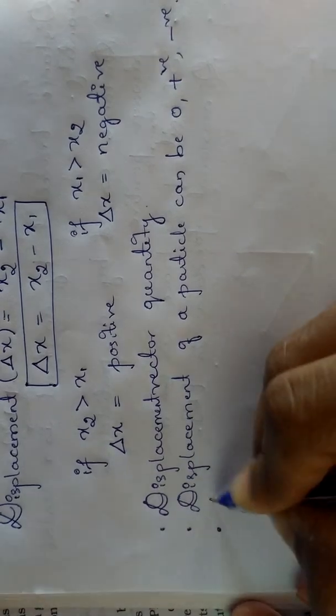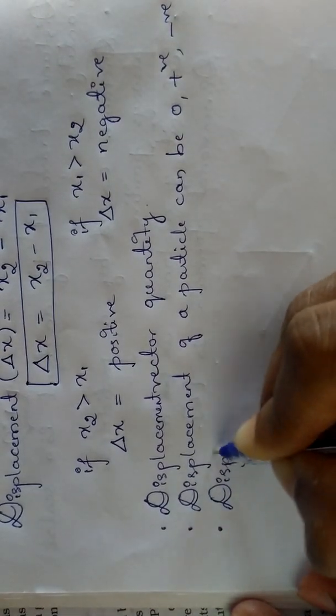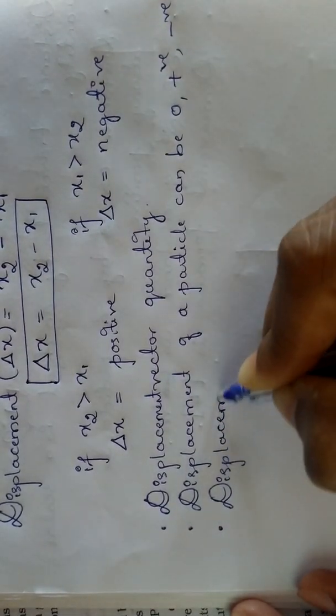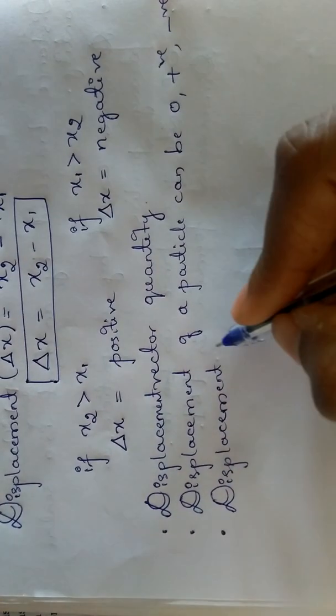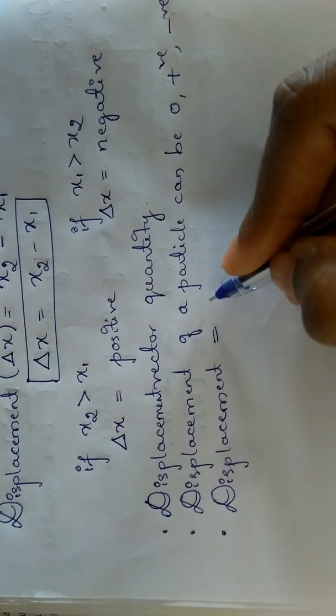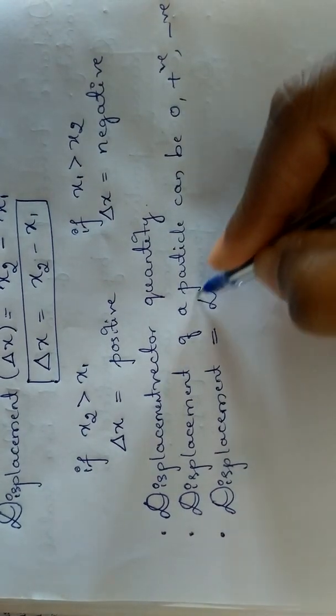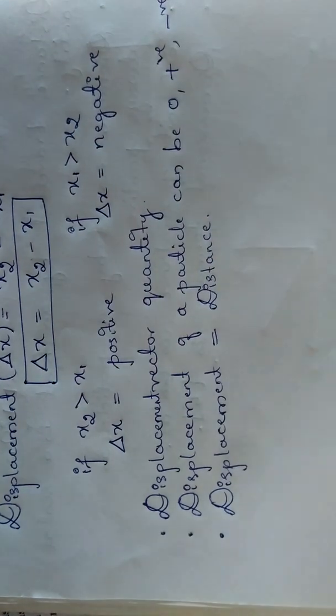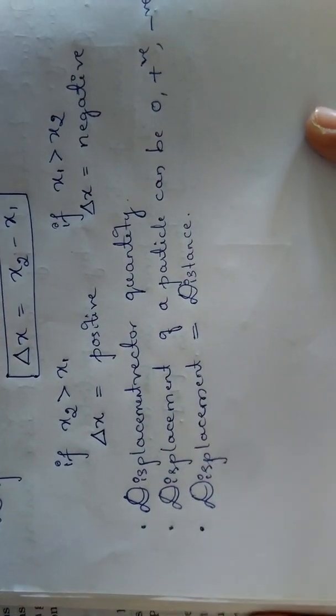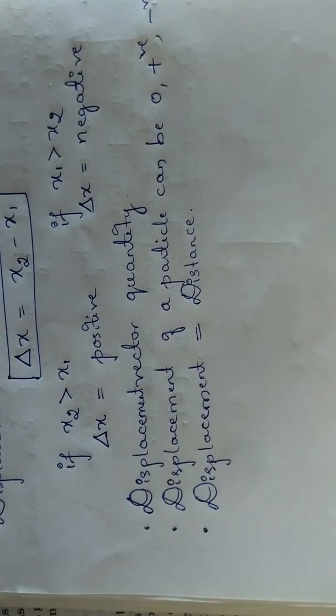Sometimes the magnitude of the displacement may be equal to the magnitude of the distance, but the displacement cannot always be equal to the distance.